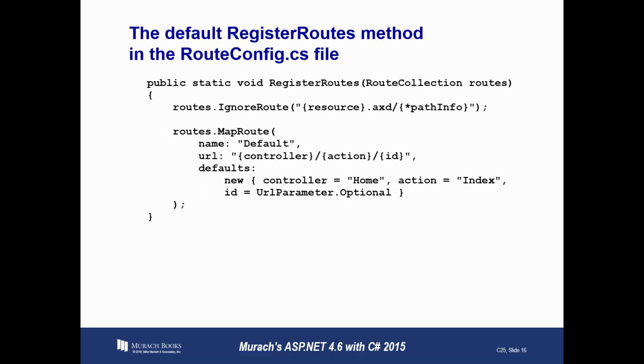The other thing that's presented on page 875 is the RegisterRoutes method of the RouteConfig.cs file, which is located in the App_Start folder. So it's created by default when you start a new project.